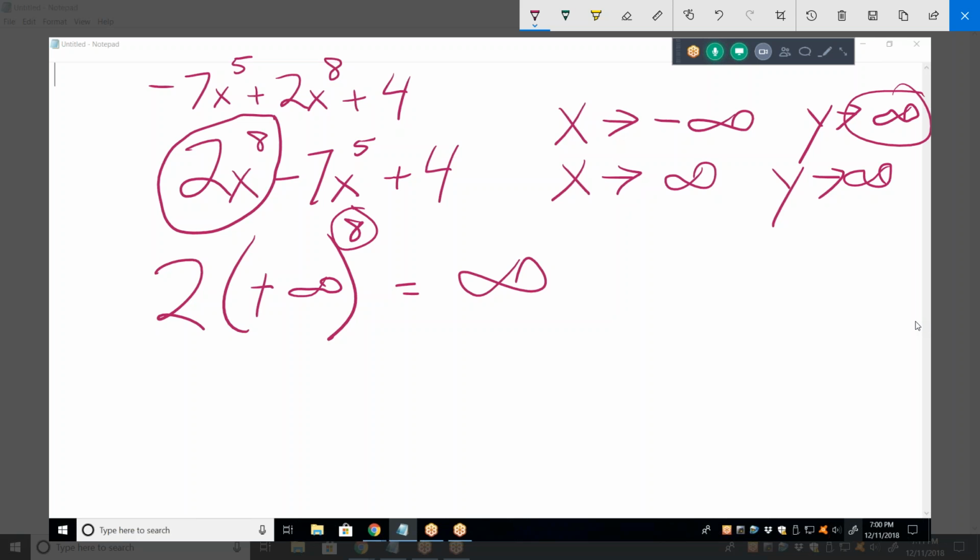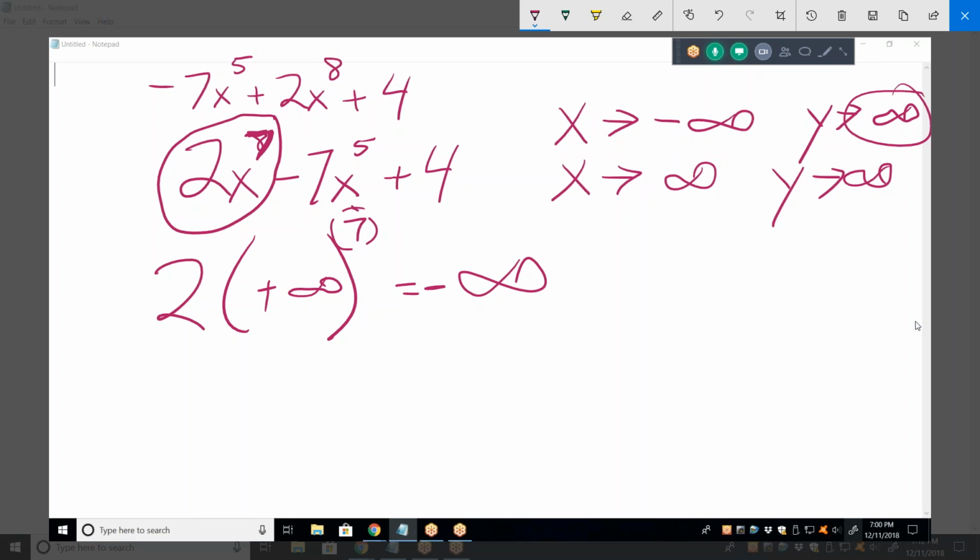Because if you plug in, let's make that a 7 instead. Now, when I plug in negative infinity and take it to the 7th power, what do I get? Negative infinity. Right. And when I plug in positive infinity and take it to the 7th power, I get positive infinity.